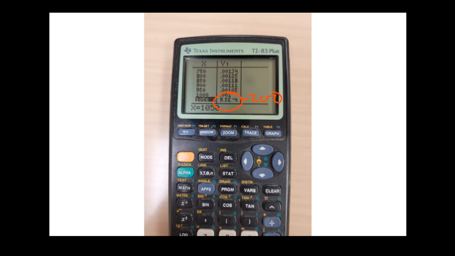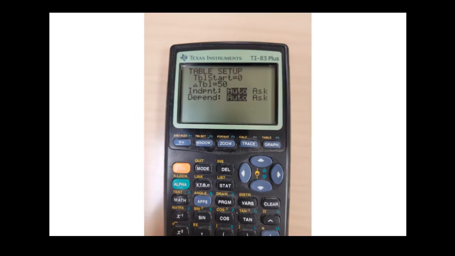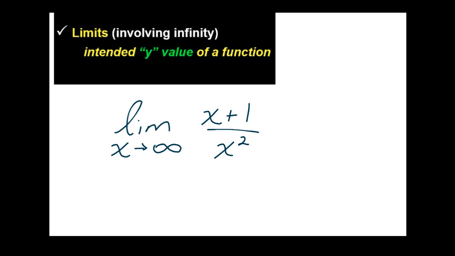Once again, I never actually get to 0, but I keep getting closer to 0. And that's because the limit of this function, the intended value of this function, is approaching 0 as x gets really big.